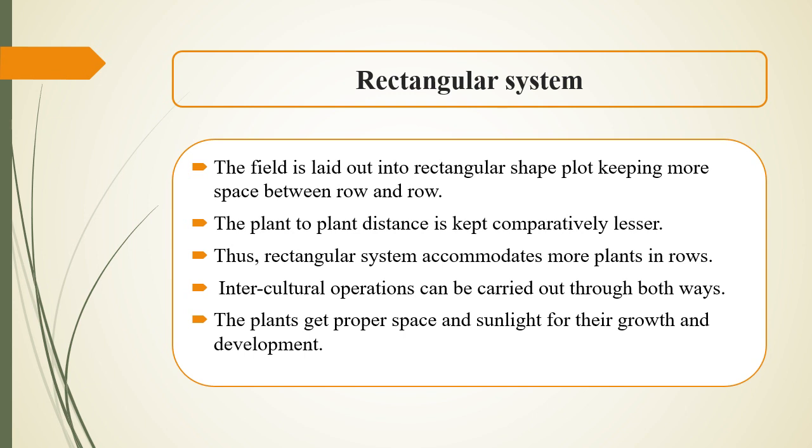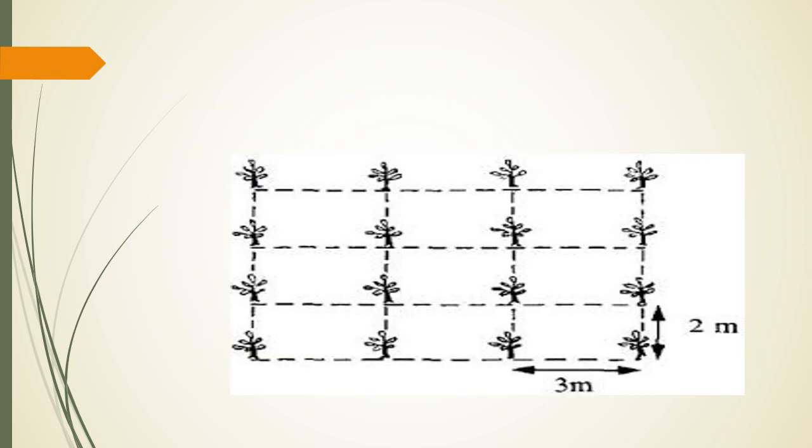Here, the intercultural operations can be carried out in both ways. The plants will get proper space and sunlight for their growth and development. Here in this picture, you can see that the row to row spacing is more compared to plant to plant distance, thus making the shape of the system into a rectangle.